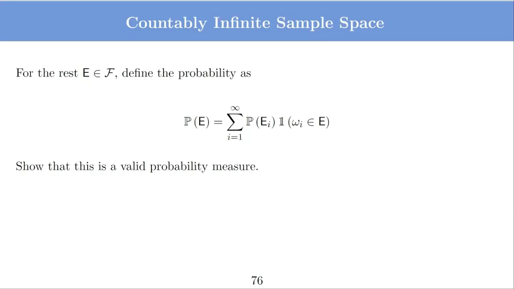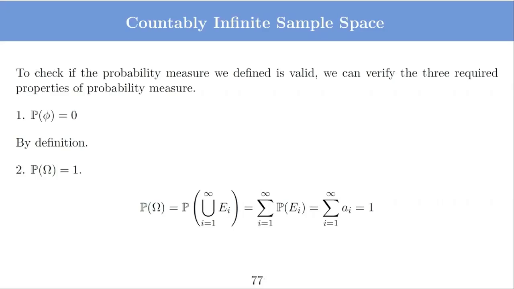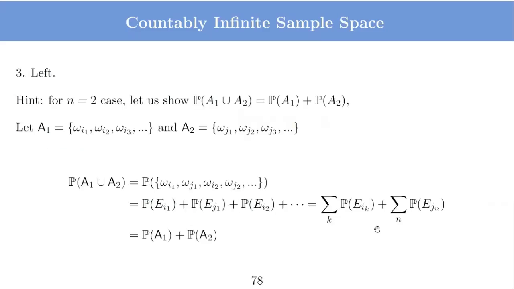Also, you can show that if you take a smaller subset of omega, then the summation will be less than 1 because you are missing out some EIs. And then the third axiom you have to prove, right? So this just says that P phi is 0 by definition, P omega is 1 because P omega is nothing but the union of all EIs, so you have to add all PI which are 1. For the third, you have to do some work.